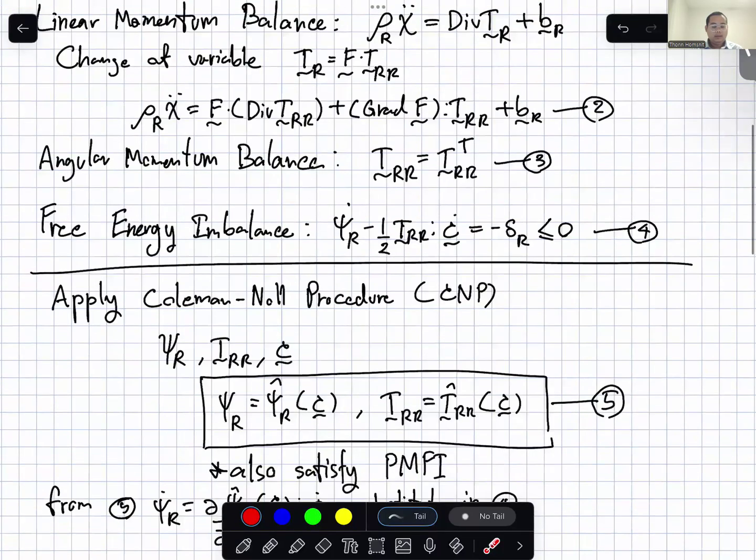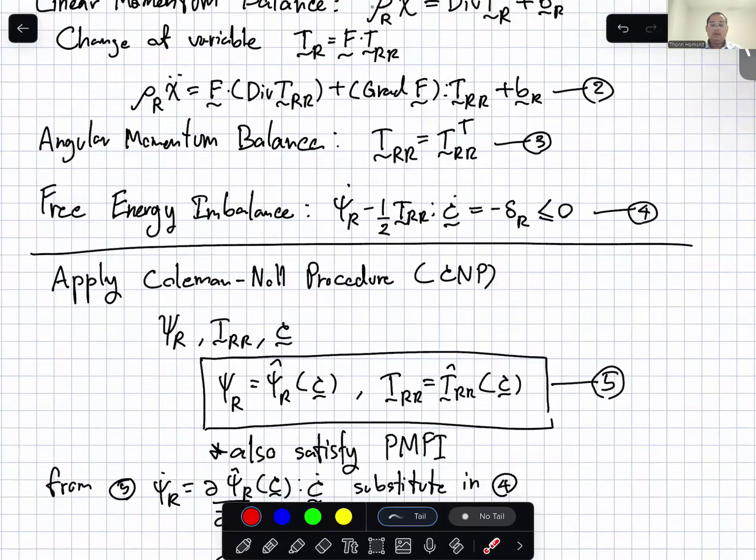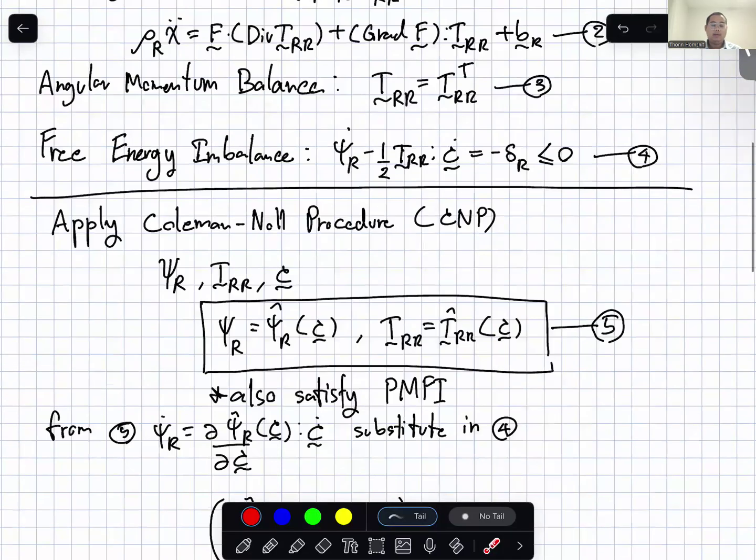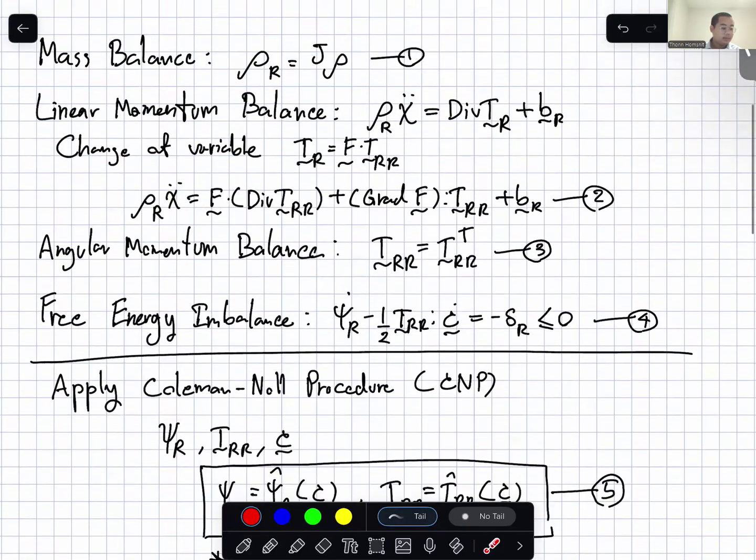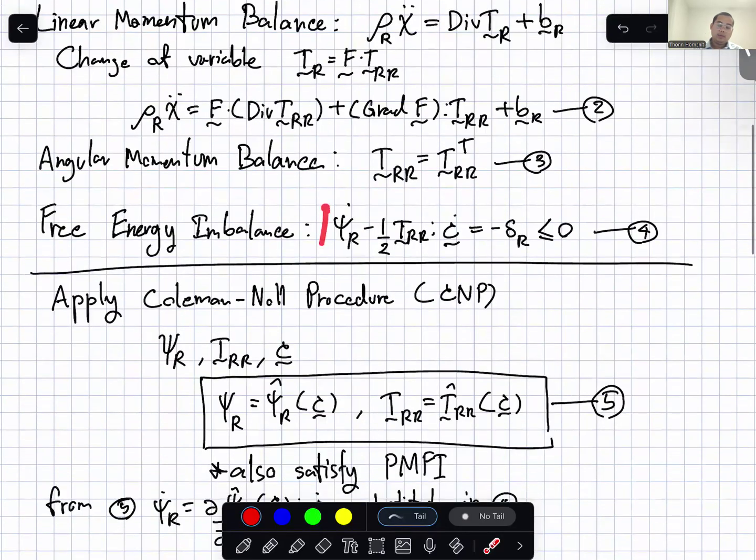After we have all these four equations, we apply the Coleman-Noll procedure, and we can see that the first three equations don't give any more constraints. So we have this one that gives us a constraint.